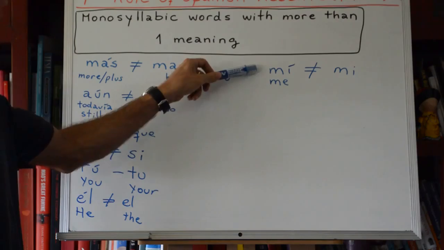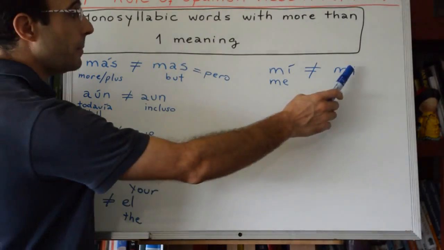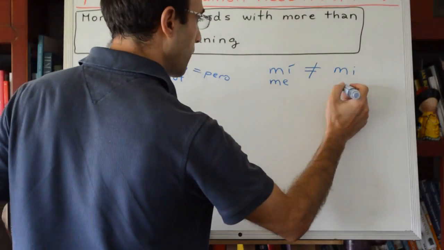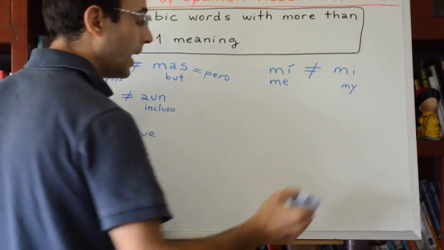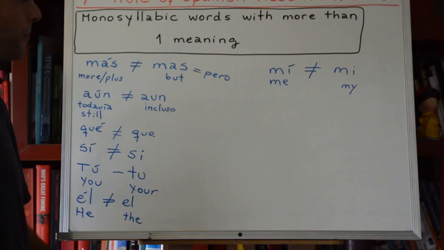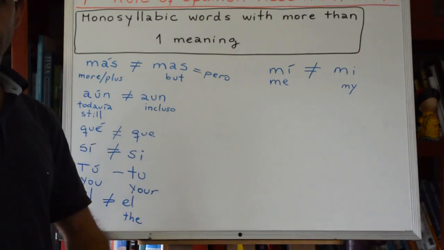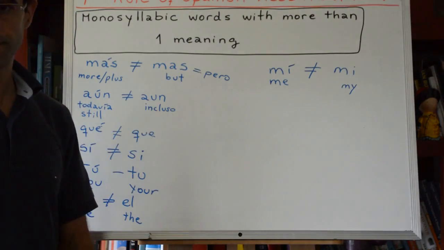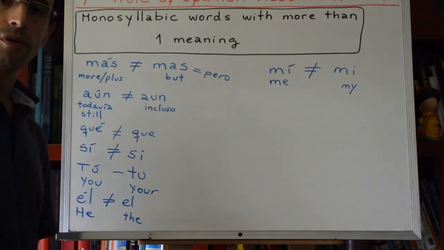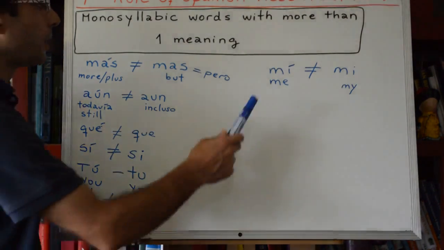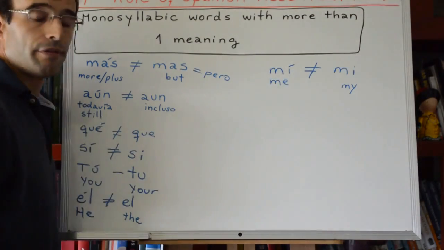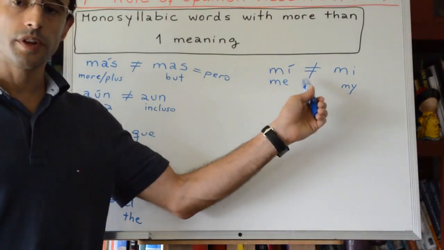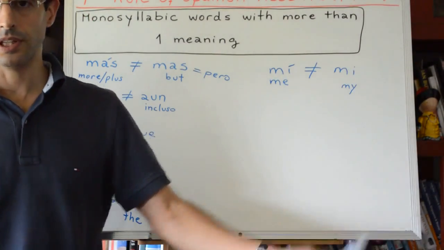Esto es para mí, with a tilde. Now, mi without a tilde means my. Like, for example, in mi auto. My car. Mi perro. My dog. So, mí and mi, different meanings. Okay? Same word, one with a tilde, another one without the tilde.